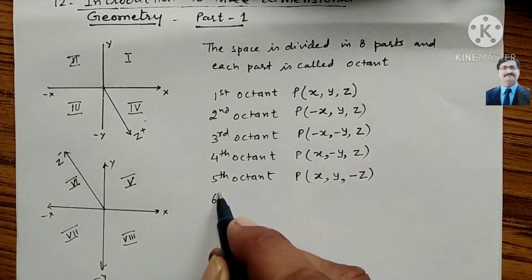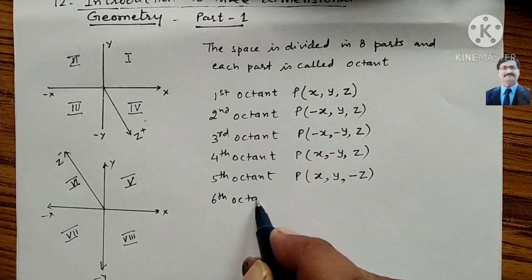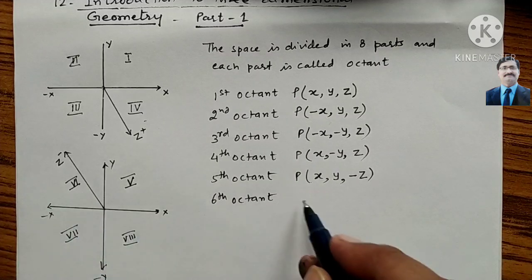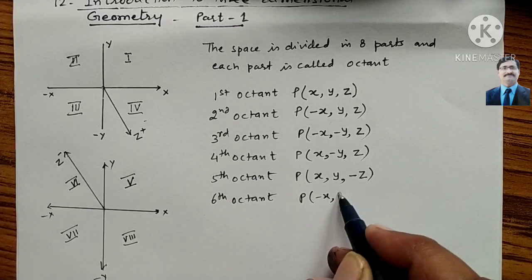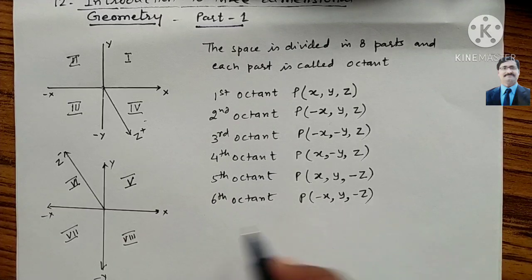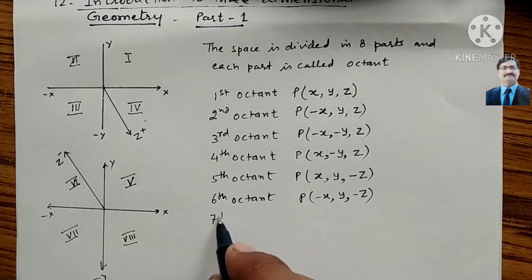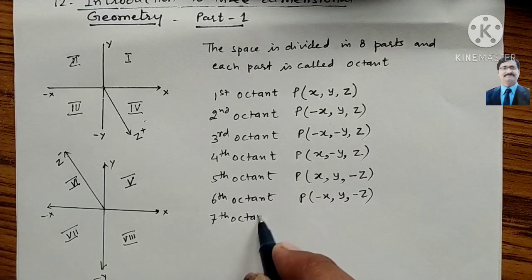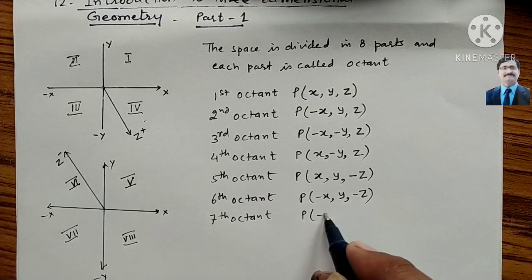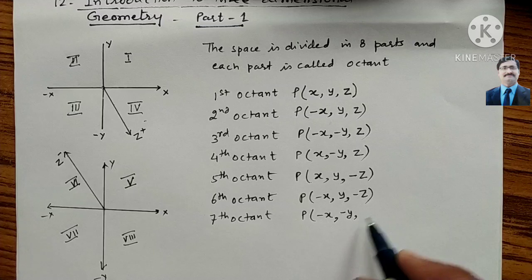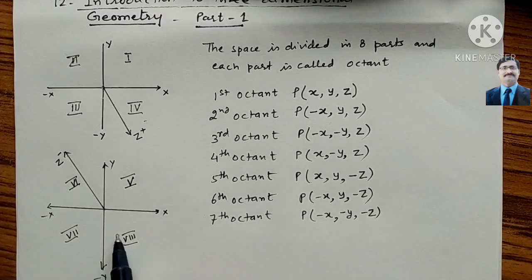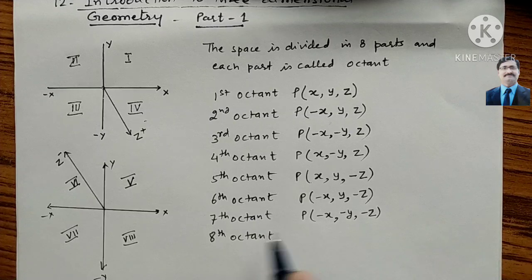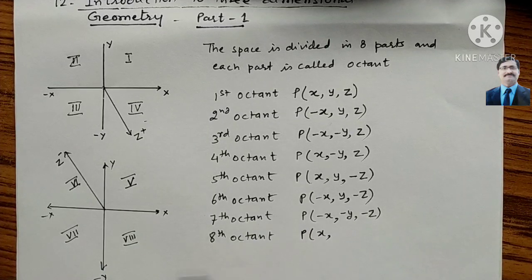In the sixth octant x is negative, y is positive, and z is negative. In the seventh octant all are negative: x is negative, y is negative, and z is also negative. In the eighth octant x is positive, y is negative, and z is negative.